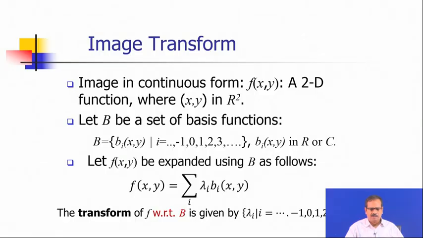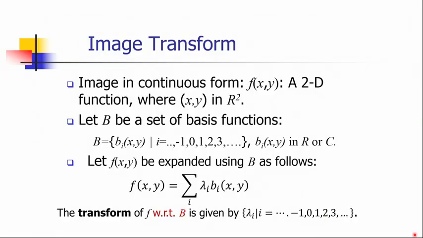So, the transform of f with respect to B is given by this set of coefficients, which are the lambda_i's. These are called the coefficients of the transform, and we can represent the function as a linear combination of these basis functions, where the coefficients of the linear combination are listed here.